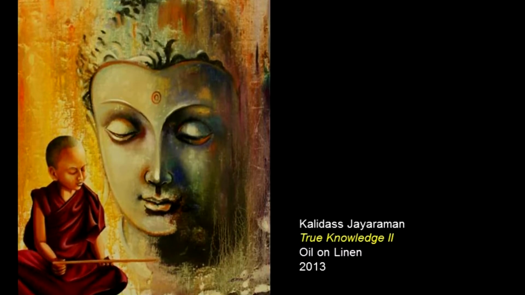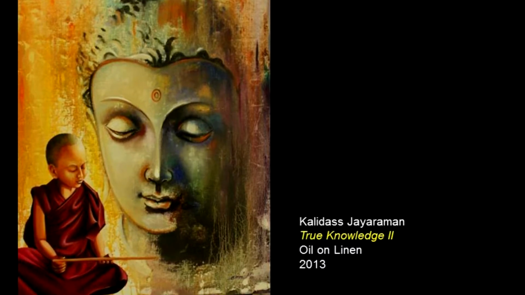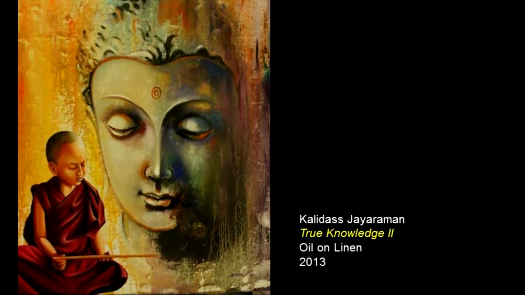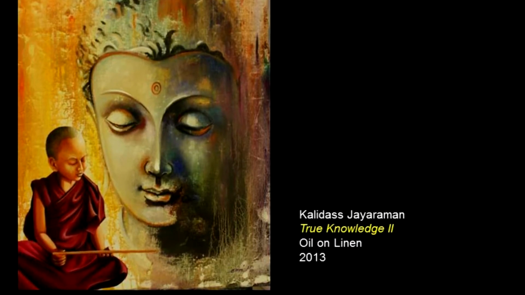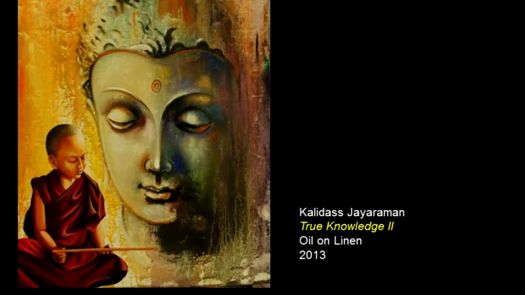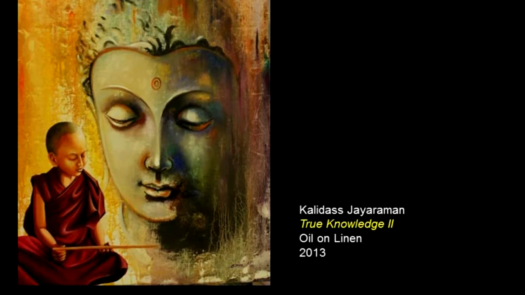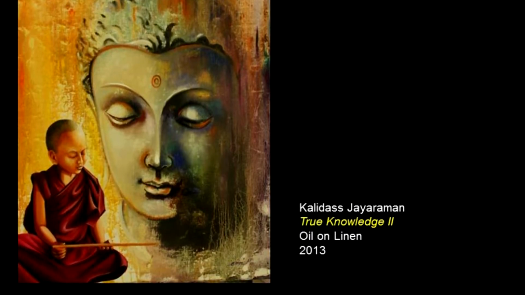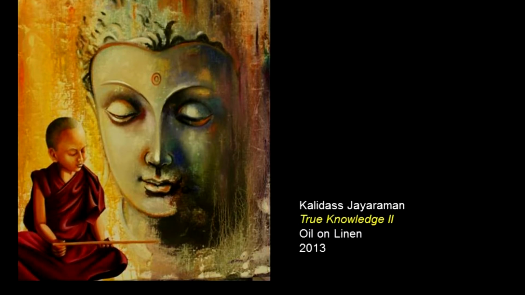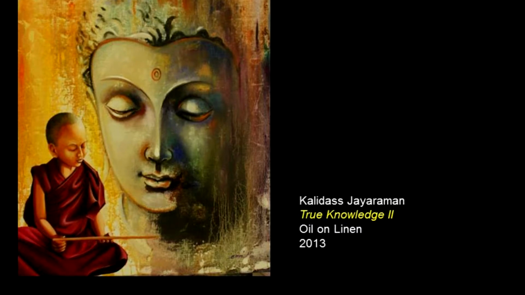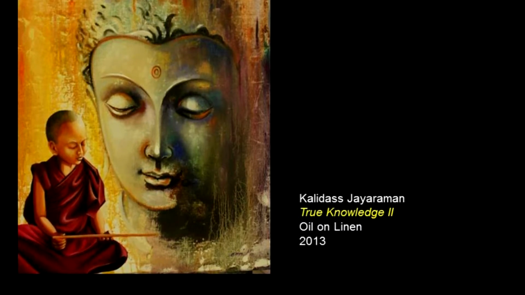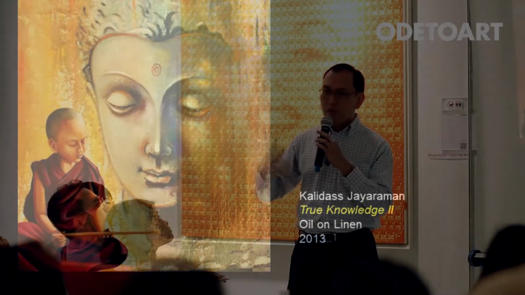In this particular work, you see that the head of the Buddha dominates the whole canvas. He uses a particular technique where he paints on linen. The worn-out effect that you see there is achieved by painting on the linen or the fabric and then ripping it off.